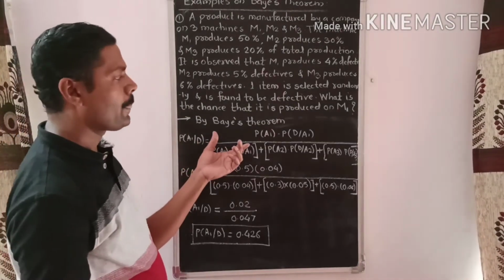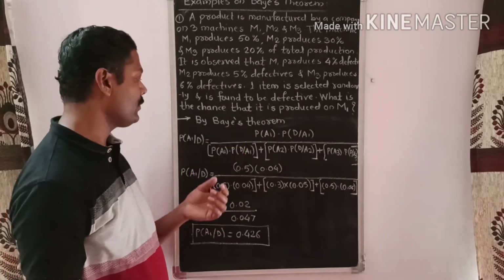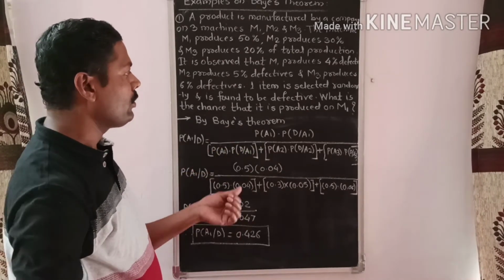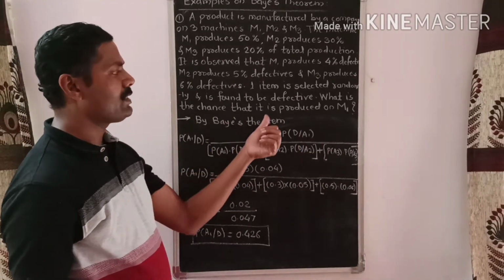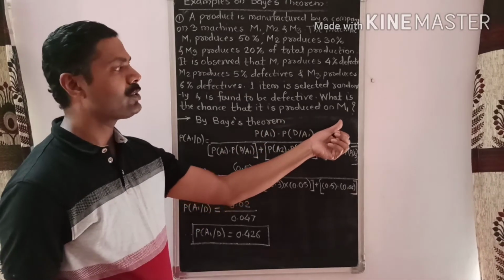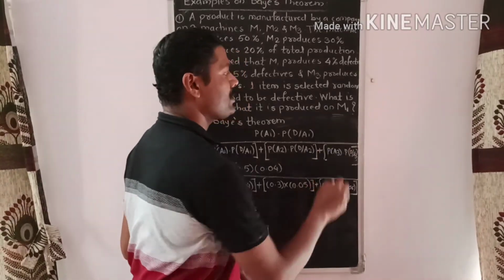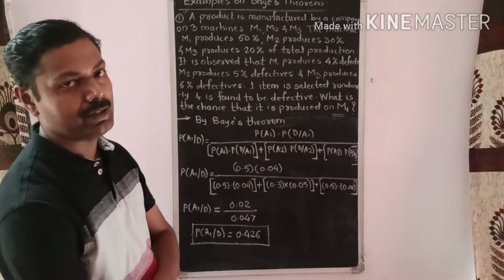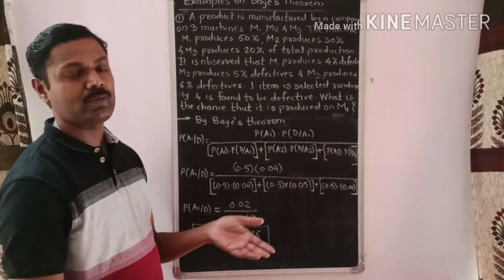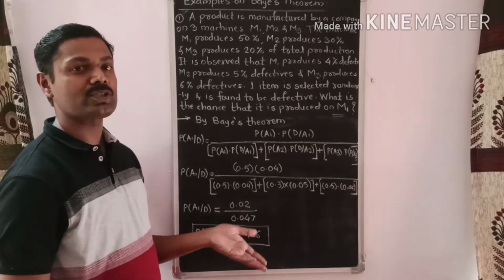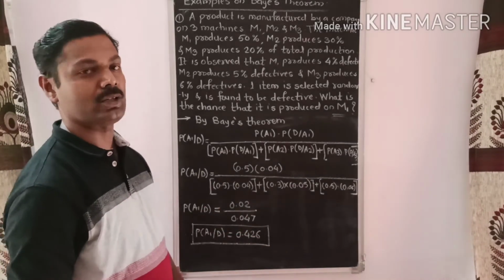Now use Bayes theorem or Bayes formula. We have to find the chance that the product is produced on machine M1 and which is defective.